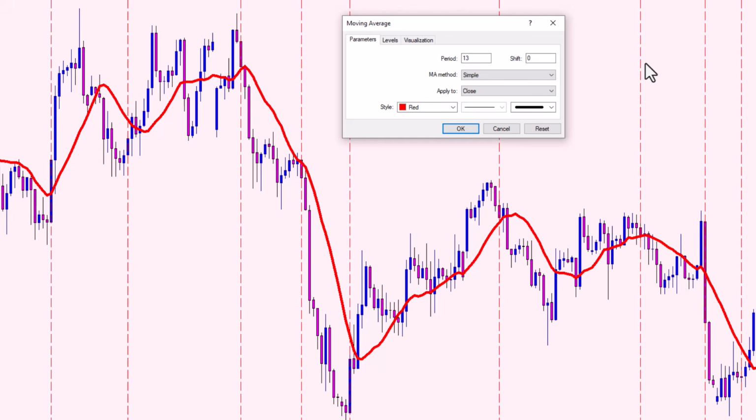We are going to be looking at a collection of trading strategies using the moving average. Although it is very simple, it is very versatile and can help traders make really good decisions. So in this video, I'm going to be looking at a specific strategy that I use to provide entry and exit signals.